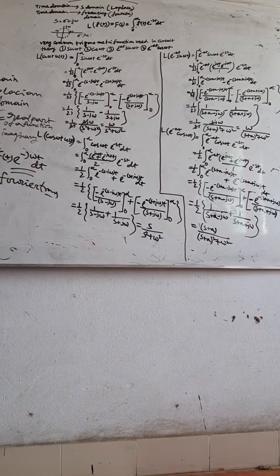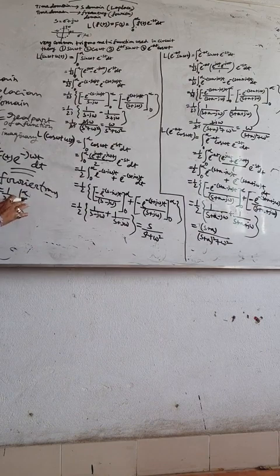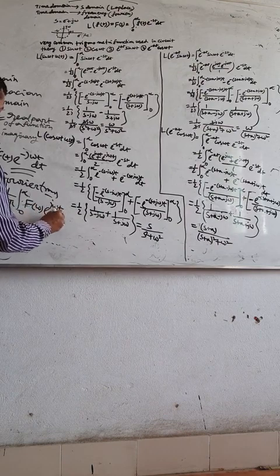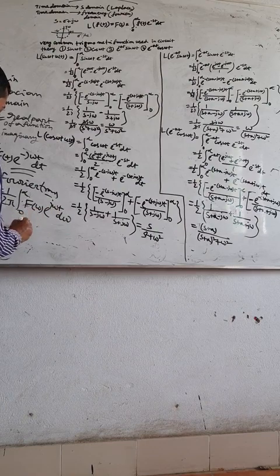And inverse Fourier is 1 by 2 pi integration of F of omega e to the power j omega t d omega, which is equal to your f(t).